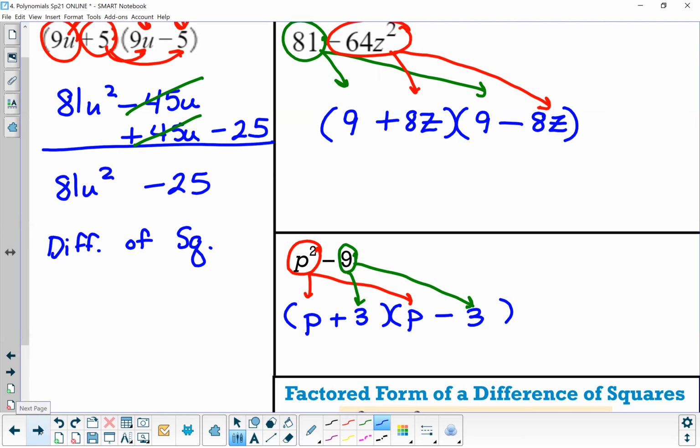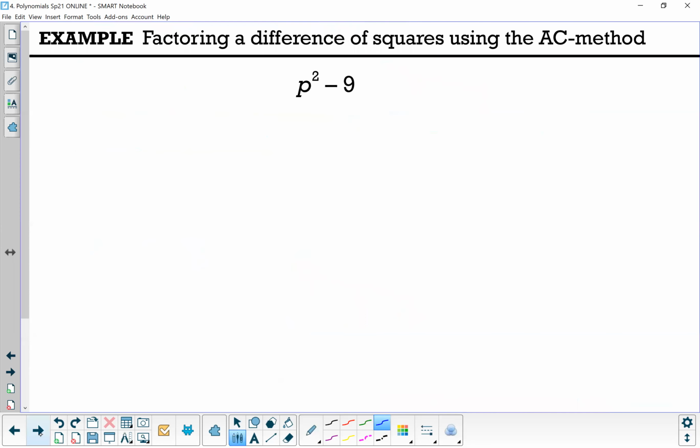Okay, so I keep saying, well, the AC method works. Okay, let's take a look at what that would look like if you use the AC method here. A is equal to 1. B is actually 0 and C is equal to -9. So we don't have a plus or minus P term, so that's why B is 0. So now A times C is equal to 1 times -9, so we get -9.